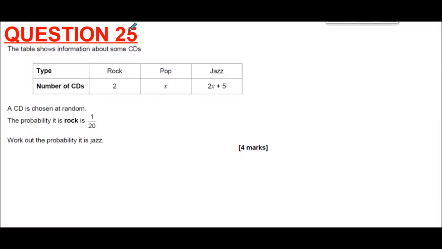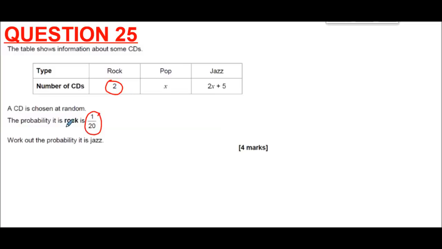Question 25. We've got a probability question based on CDs. We've got rock, pop and jazz. We're told that a CD is chosen at random and that the probability of it being rock is 1 over 20. Now there are only 2 CDs that are rock, and so probability, as well as telling us the chance of something being picked, it also directly relates to the relative proportion of items in a set.